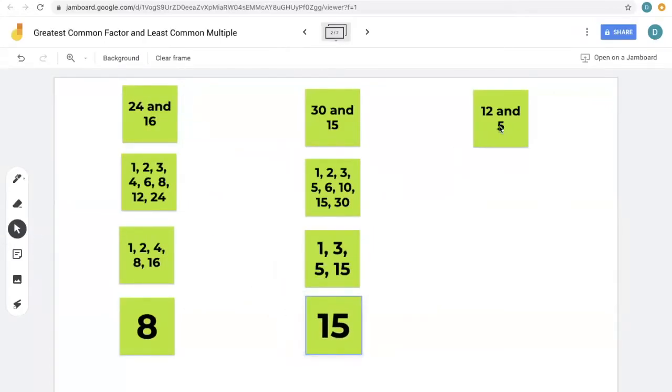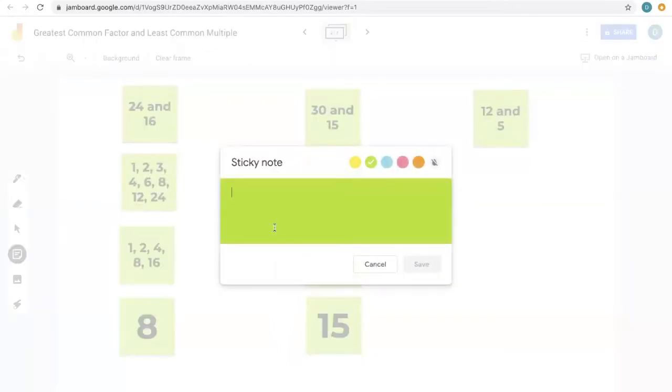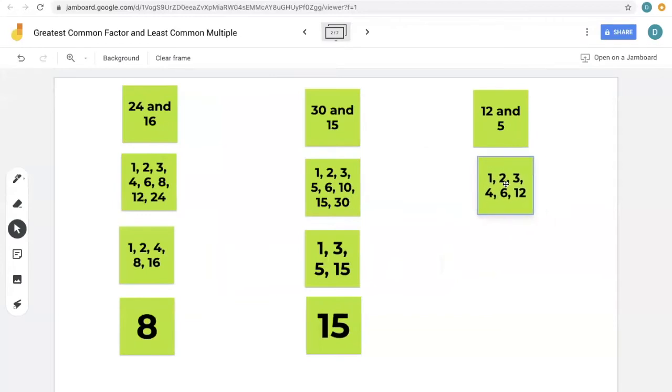Now let's look at 12 and 5. What are some factors of 12? We have 1 and 12, 2 and 6, and 3 and 4. Those are the factors of 12.